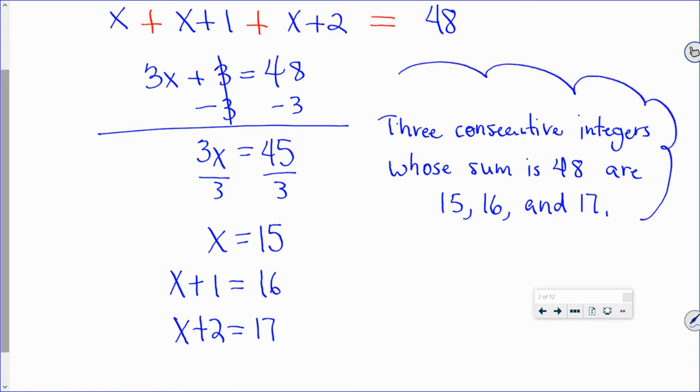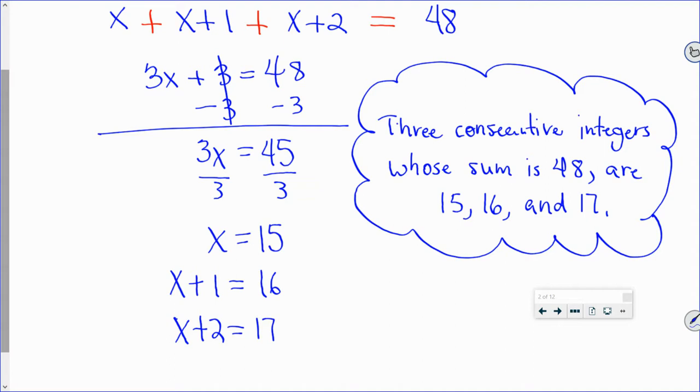Always a good idea to turn around and put my word problem answer back into words. I'm not sure my grammar's perfect there, but I think it's close.